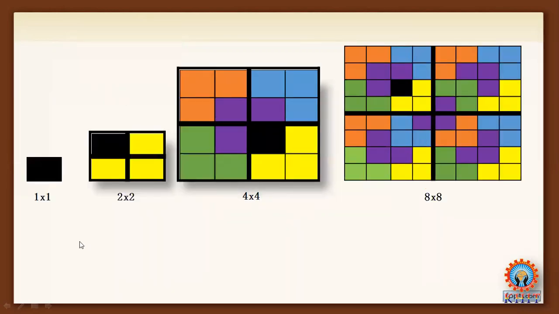Finally, we can conclude that for a 1 by 1 chessboard, the whole board is defective. If it is a 2 by 2 chessboard, one is defective and the remaining 3 are filled with a tile. This is called a 4 by 4 defective chessboard, and this is considered an 8 by 8 defective chessboard.